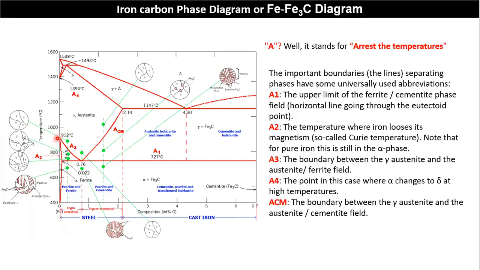So how many terminal regions are available here? Delta, alpha, and cementite. These three regions are terminal regions. All remaining regions are mixed. Mixed means liquid with solid solution. It is also one of the mixed regions. And one more, alpha plus gamma, is also a mixed region.